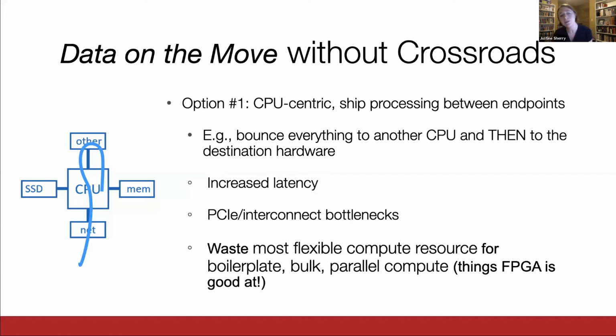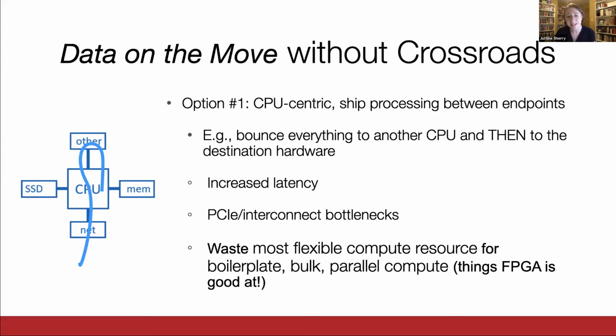And maybe the CPU is doing some modification or processing over the data in between the network and the GPU, or the network and the accelerator that it's attached to. But this data is moving around so much. This leads to increased latency and throughput bottlenecks through PCIe or whatever interconnect you're using.